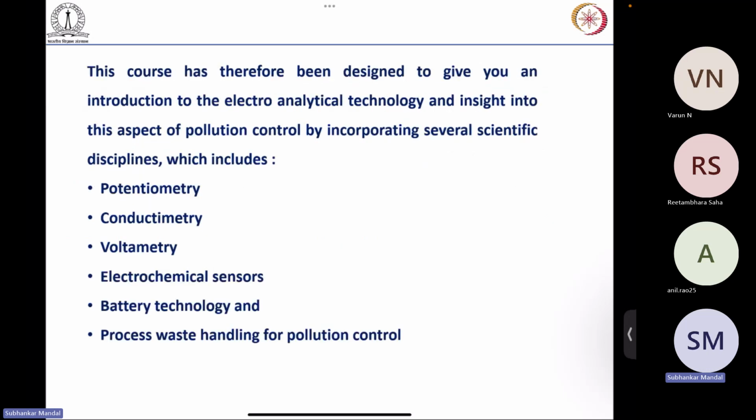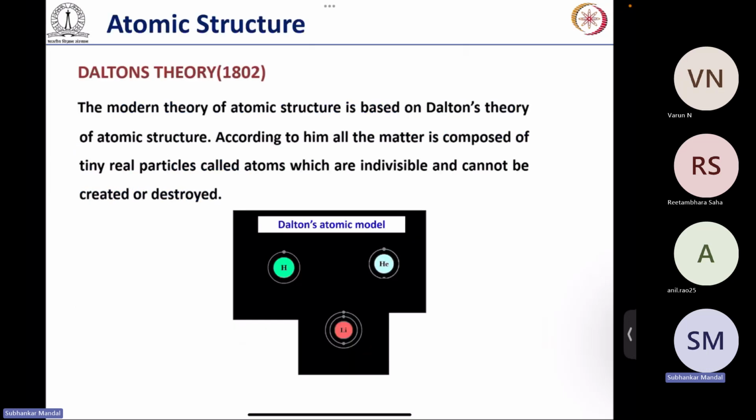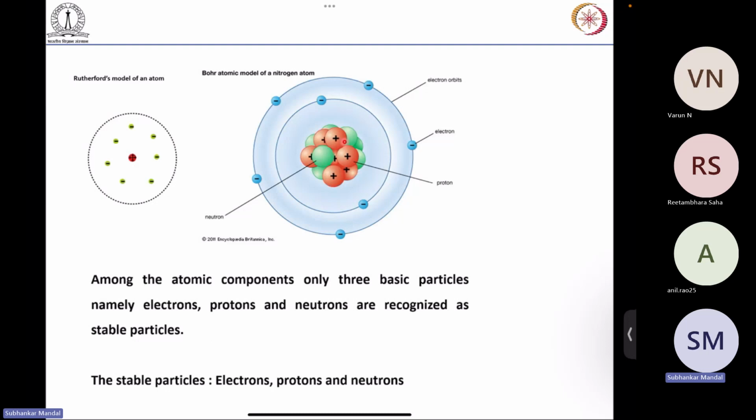Our course, these are the things we have discussed: potentiometry, conductometry, voltammetry, electrochemical sensors, batteries, and also the process of waste handling, how to control the waste. In the first class we discussed some basics of atomic structure: the Dalton model, the Rutherford model, then the Bohr model.